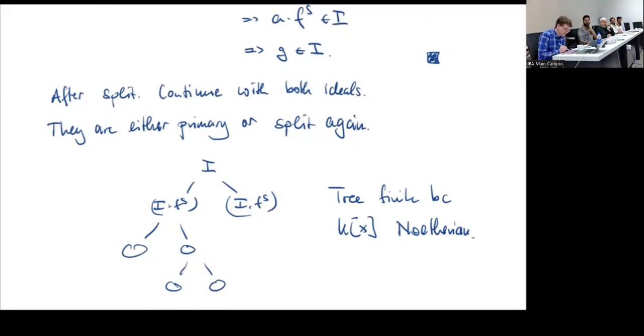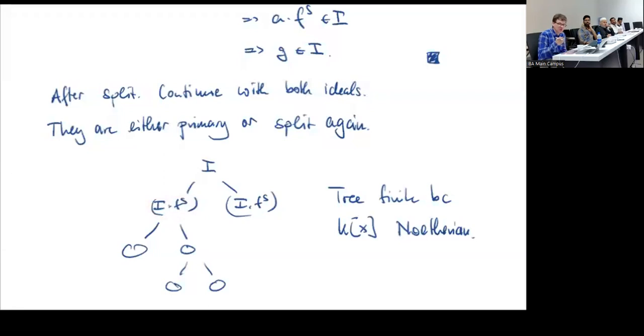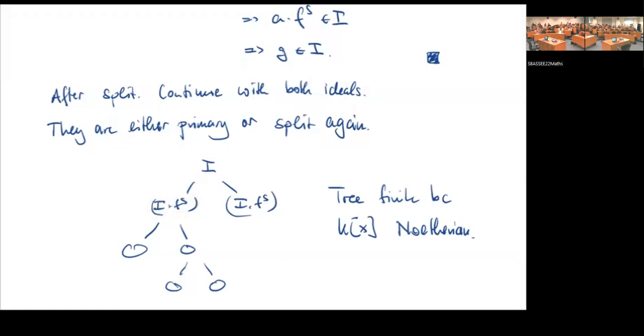So for both of these, you individually do the argument. Either it's primary, or if it's not primary, you find f2 or g. And then you split this ideal as itself colon g to the s prime. So you do it inductively. You start again with step 1 from this ideal.